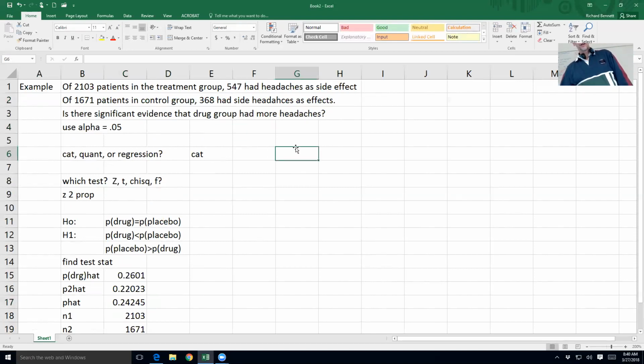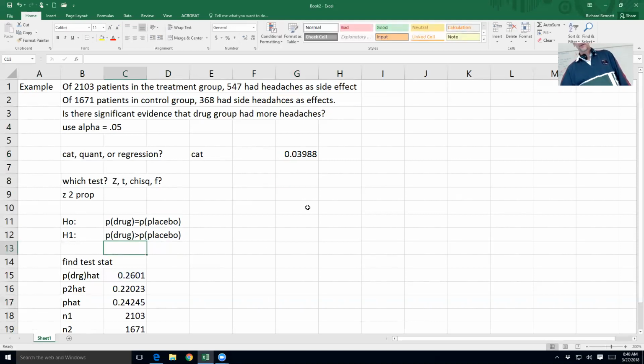All right, so we're going to do our test statistic. That's going to be P1 hat minus your P2 hat minus 0. I need to change this because now we're saying this is greater.